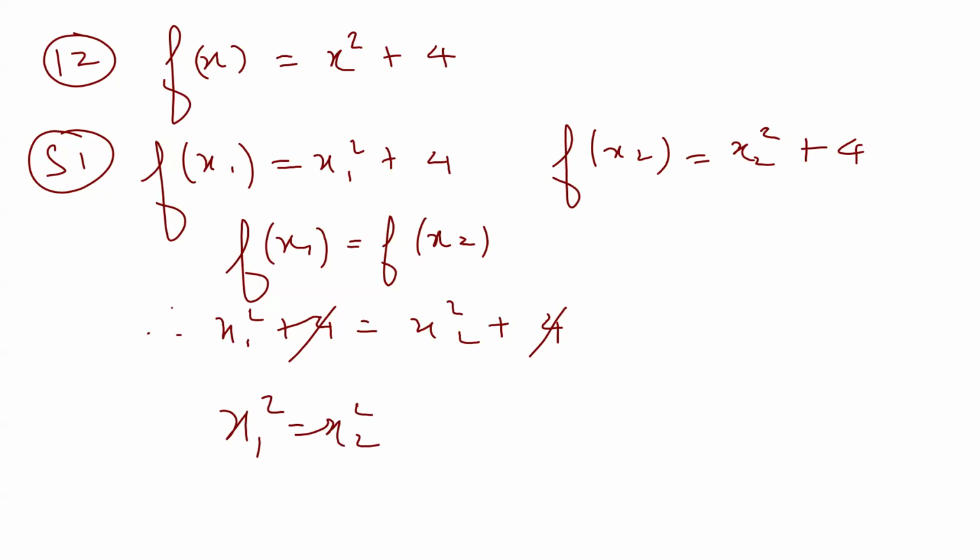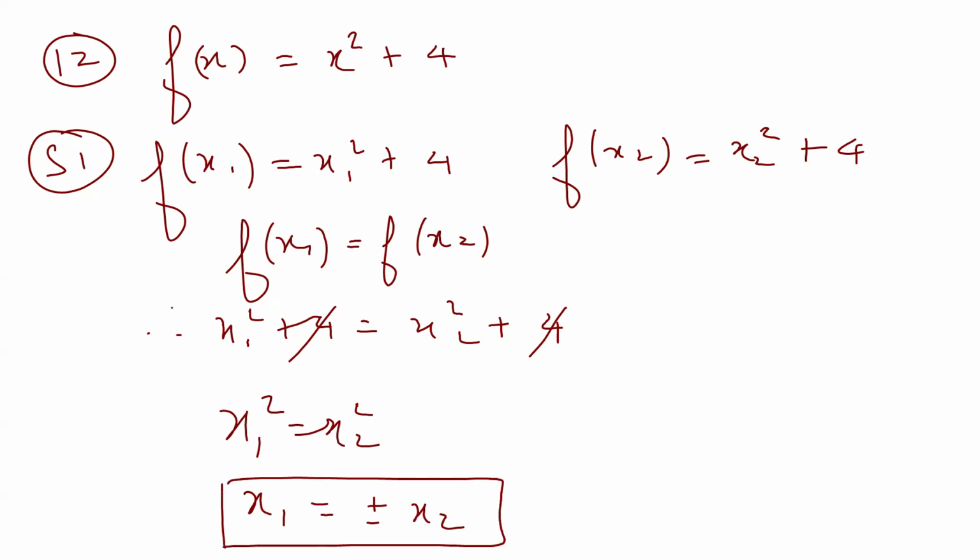Now the discussion is very important over here because this is square. So square will give you plus minus on the right hand side. We can write plus minus x2. But for this problem, we'll consider only the positive values because of the mapping.